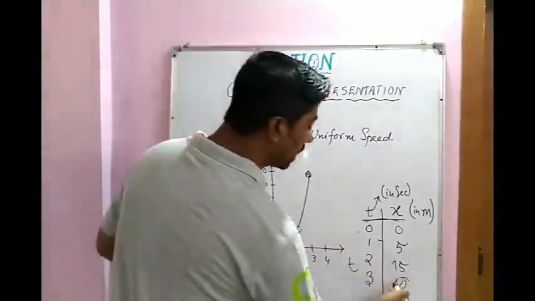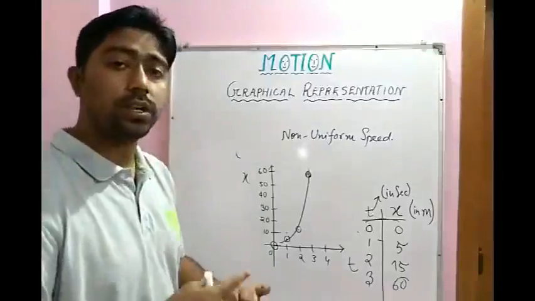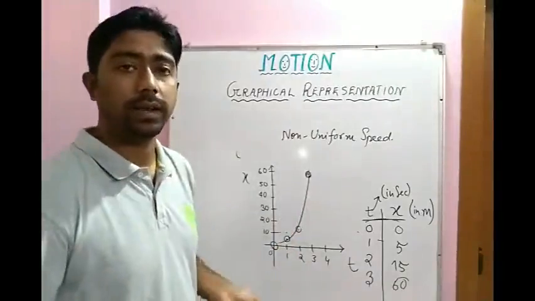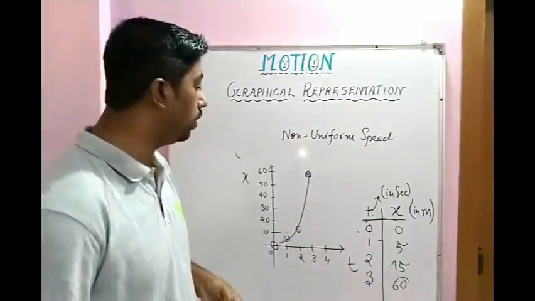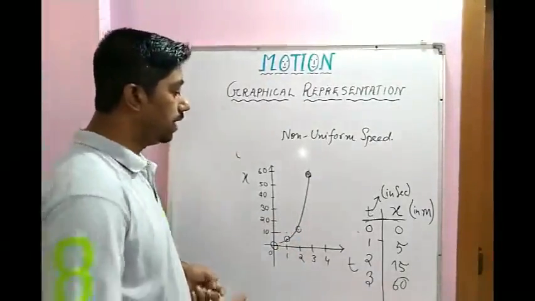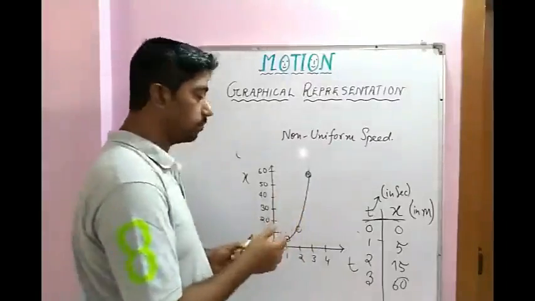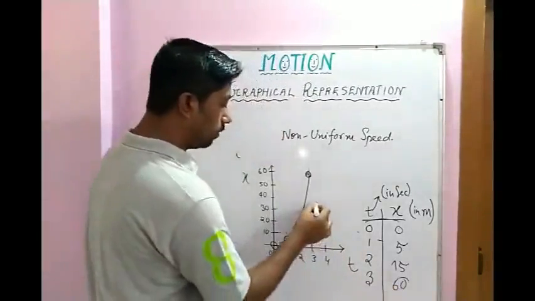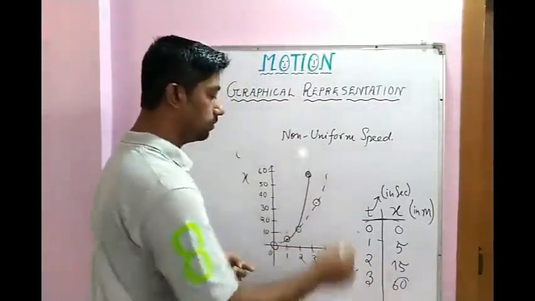Okay, it depends only on the selection of these values. So in case of non-uniform speed, you will remember the graph will not be a straight line. It may rise up like this. If this value is say 25, then the point will be somewhere here.